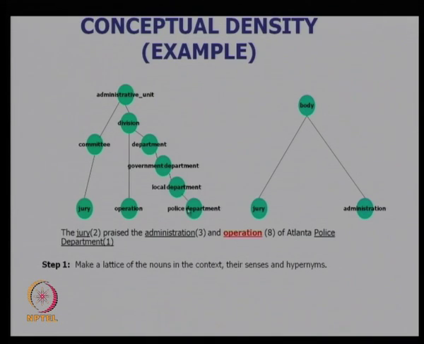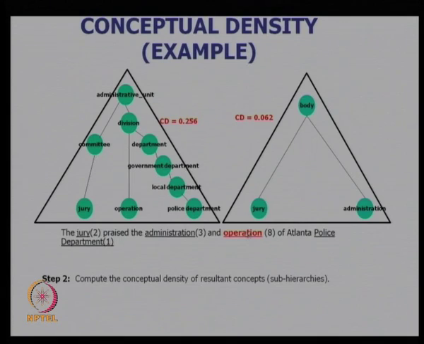After that, police department is taken, which has local department as hypernym, which has government department as hypernym, then department as hypernym, then division, then administrative unit. So, this way we have built a conceptual subtree which is rooted at administrative unit, and another subtree has been built which is rooted at body.